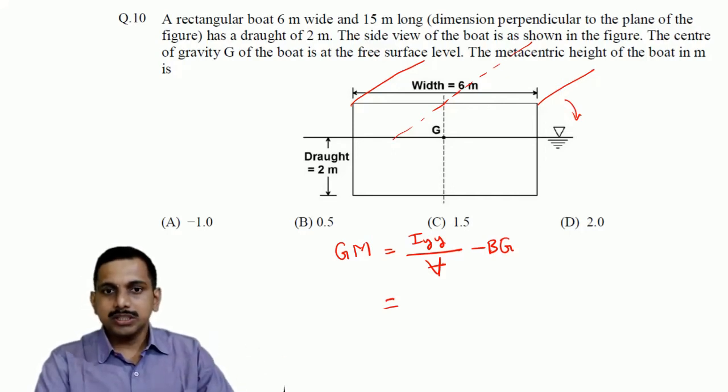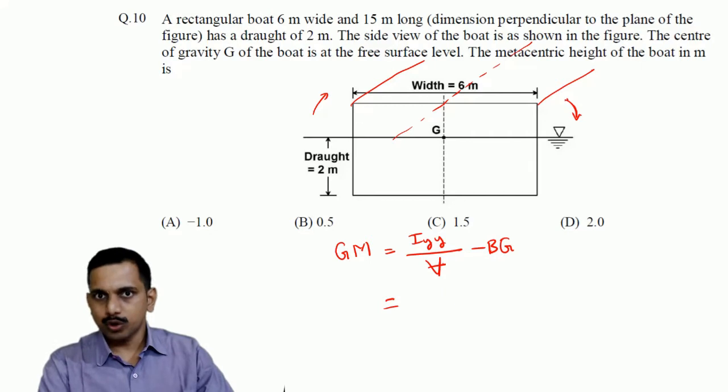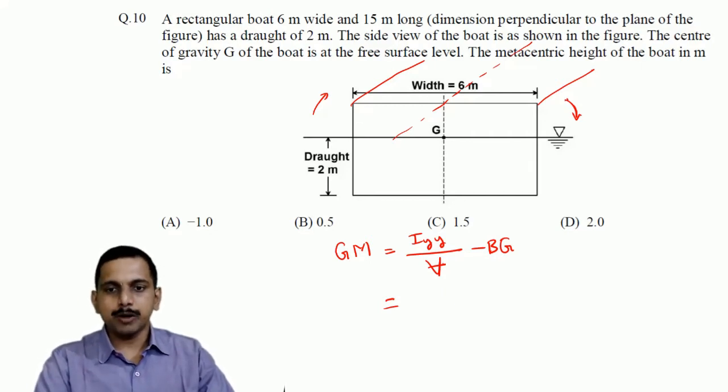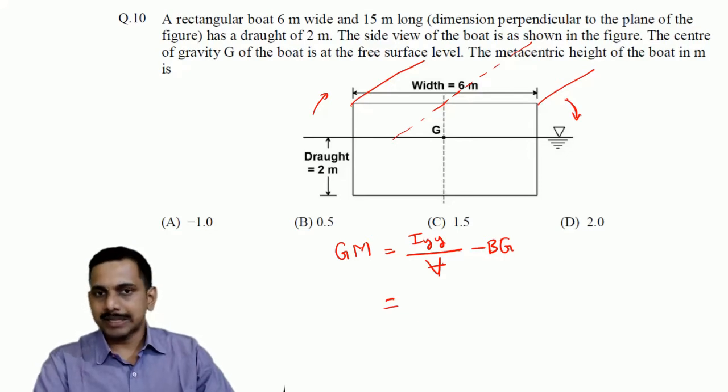Metacentric height is related to overturning of the ship. So this particular boat, if it overturns in this direction, it is called roll. If it is rolling like that, there is a possibility of overturning. Here it is important that we be careful about the metacentric height.